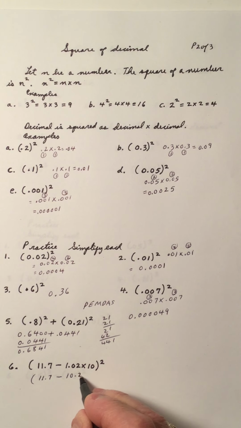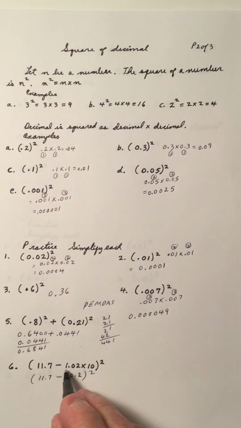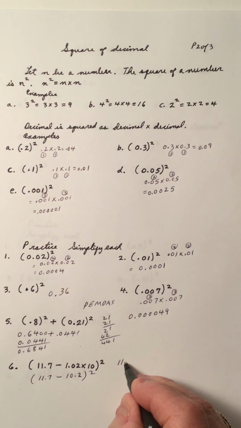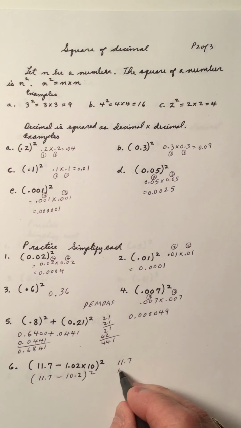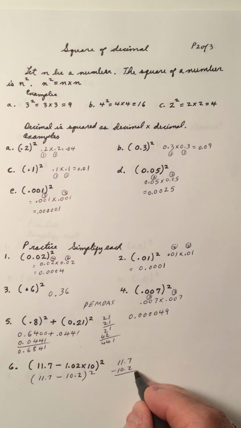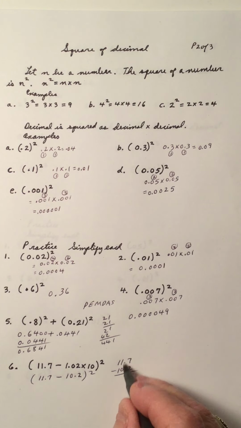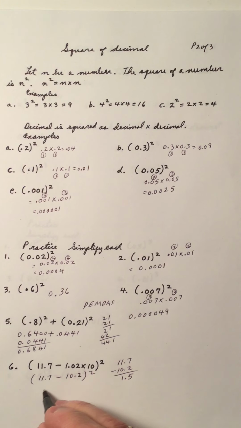When you multiply by 10, the decimal moves one place to the right. And so we have our multiplication. Now we have to subtract. So 11.7 subtract 10.2, we get 1.5 when we subtract.